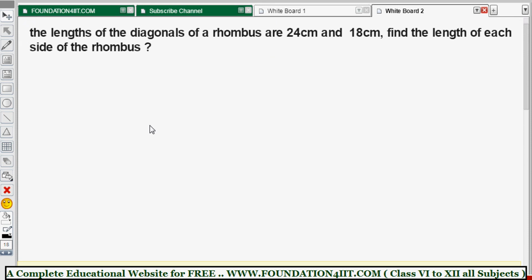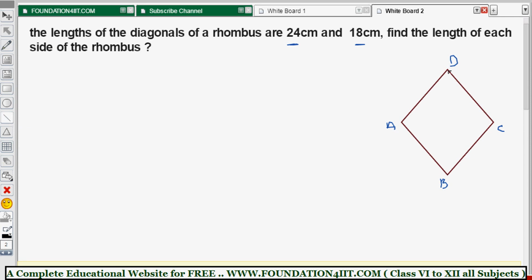It's very simple. The lengths of the diagonals of the rhombus are given, that is 24 and 18. We need to find the length of each side of the rhombus. If we observe the rhombus properties, every side is equal, right? So this is the rhombus. I'm taking the vertices A, B, C, D, and two diagonals.